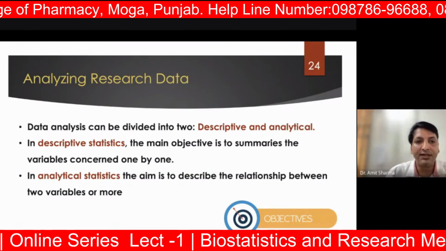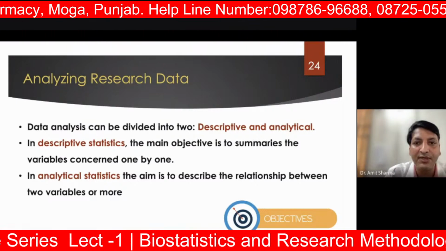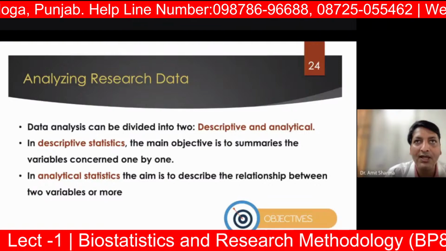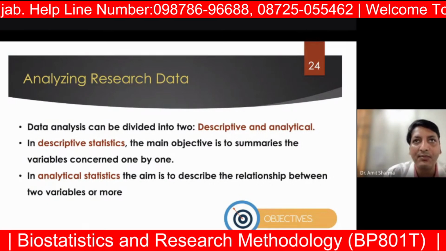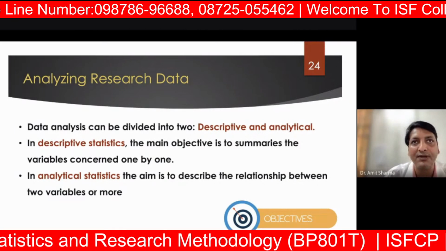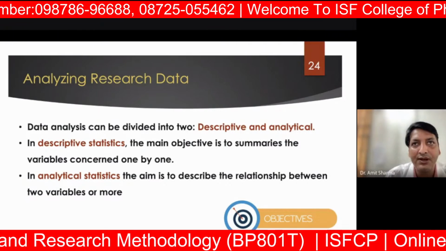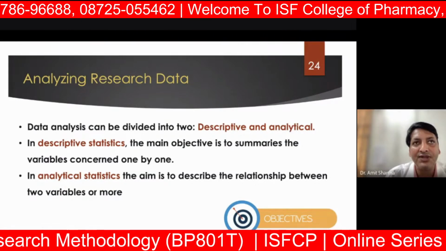Yeah, see, whenever we conduct a research, we are working on 2 different kinds of variables. The test variable will be called the independent variable, and the outcome variable will be called the dependent variable. I can explain this with an example. For example, you have 3 different drugs to evaluate, drug A, B, and C, and you want to find out which drug is better.